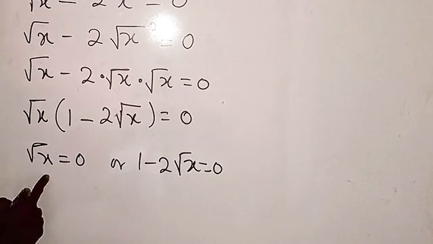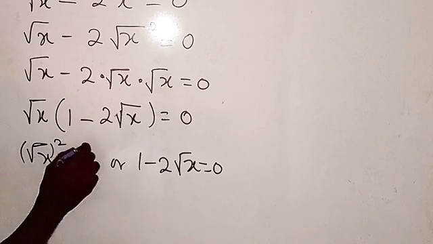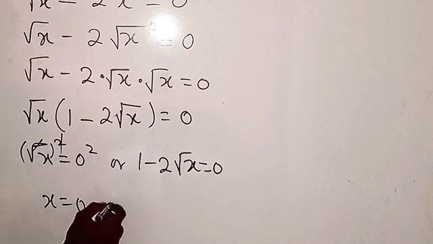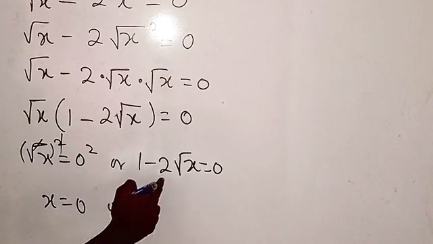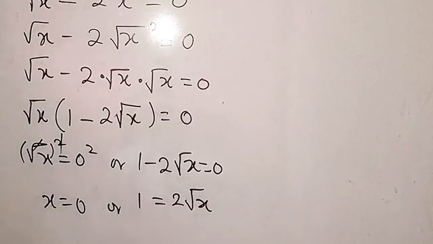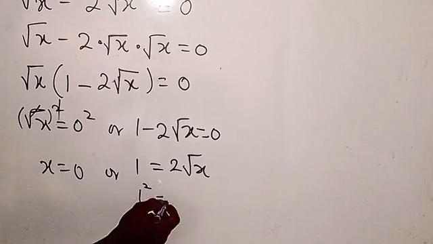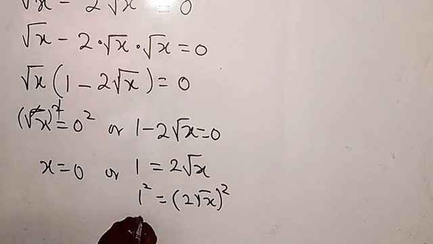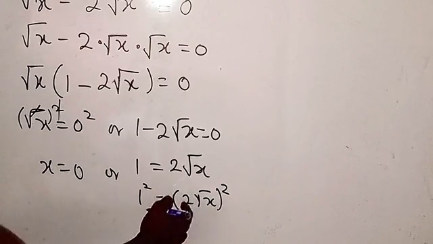Right. So now here, if you square both sides, you're going to see that x is going to be 0, or we say 1. We transpose this to the other side, we have 2 root x. So now from here, we square both sides, root x all squared. So we have 1 equals 2 squared.